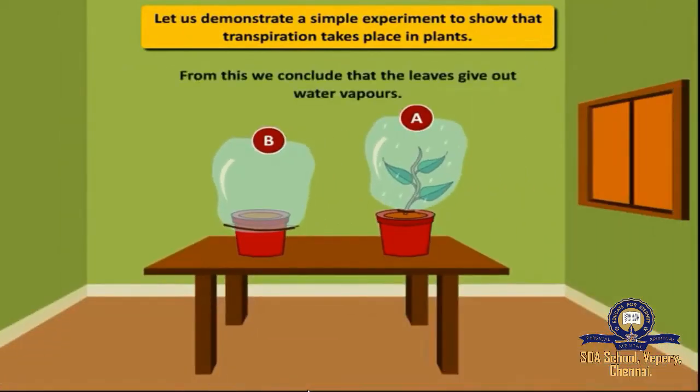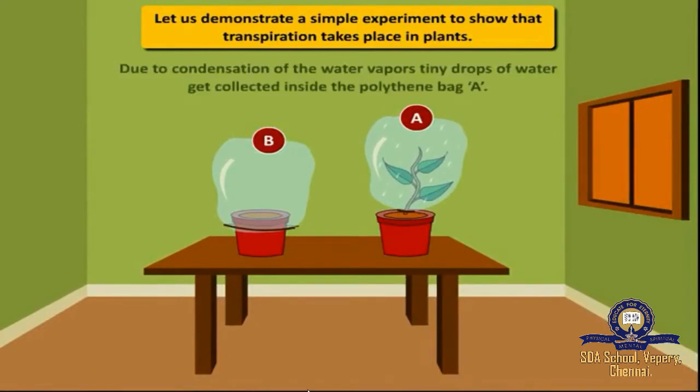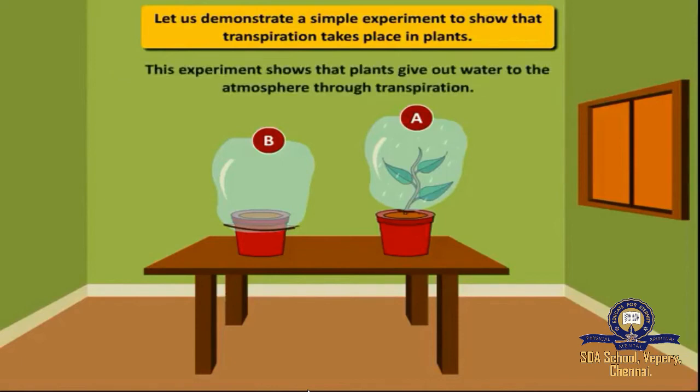So from this, we can conclude that the leaves give out water vapors. Due to condensation of the water vapors, tiny drops of water get collected inside the polythene bag A. This experiment shows that plants give out water to the atmosphere through the process known as transpiration.